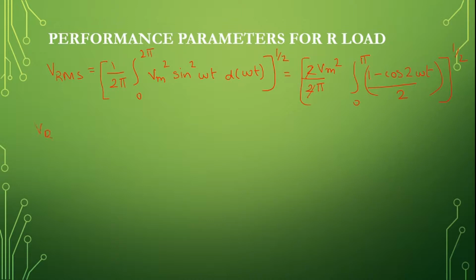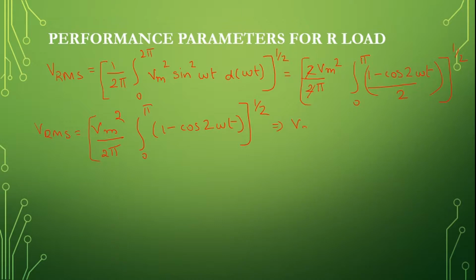We can further write it as Vm square by 2 pi integral 0 to pi (1 minus cos 2 omega t), whole within the root.